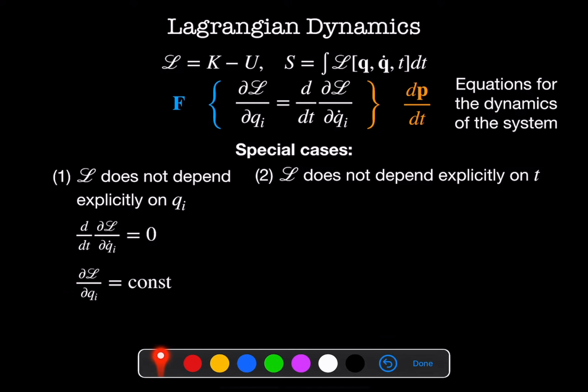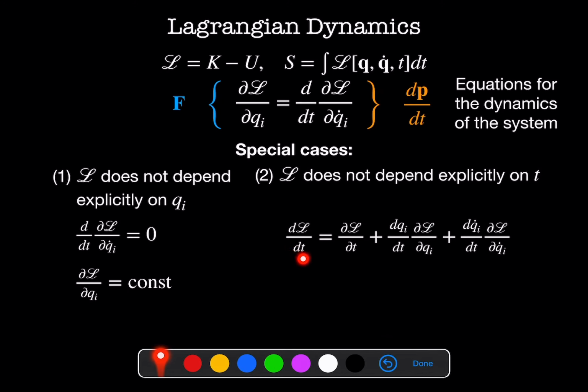Another special case is when L does not depend explicitly on time. This is a pretty standard special case. I have dL by dt. The total derivative of the Lagrangian with respect to time is equal to the partial derivative of the Lagrangian with respect to time plus dq_i by dt times dL by dq_i plus dq_i dot by dt times dL by dq_i dot.